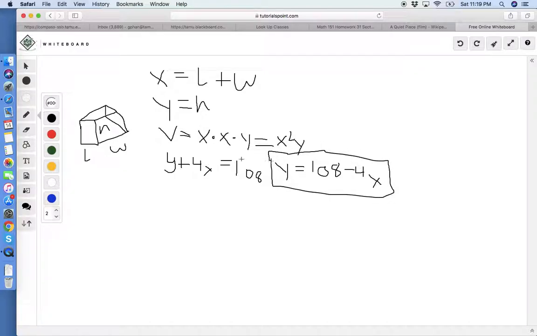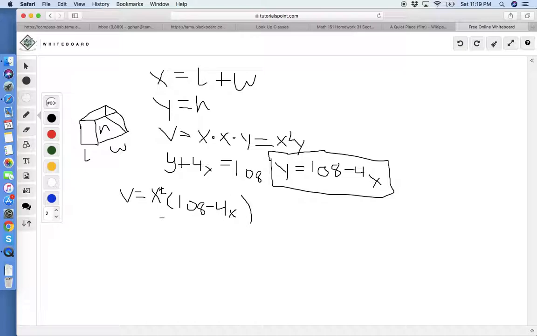Now it's time to plug it back into our original equation. So V equals x squared, and then plug in y, 108 minus 4x.